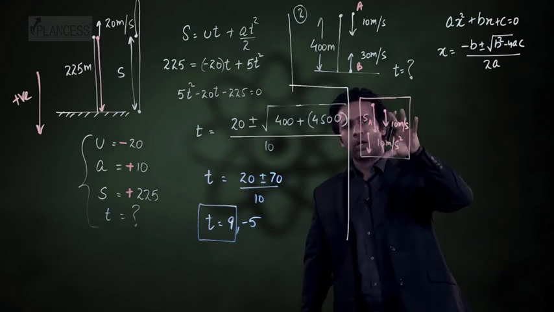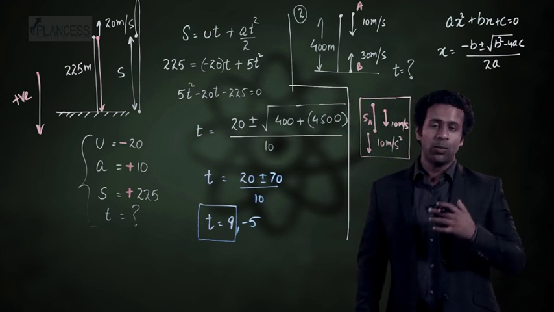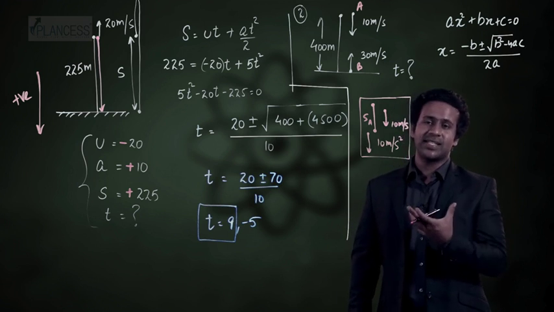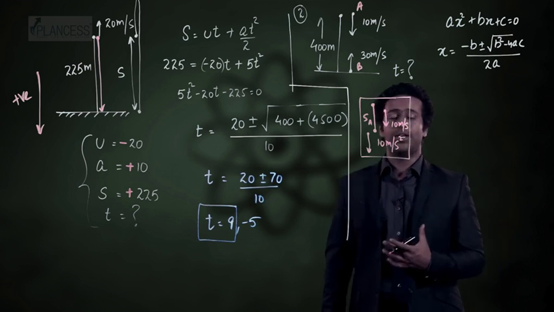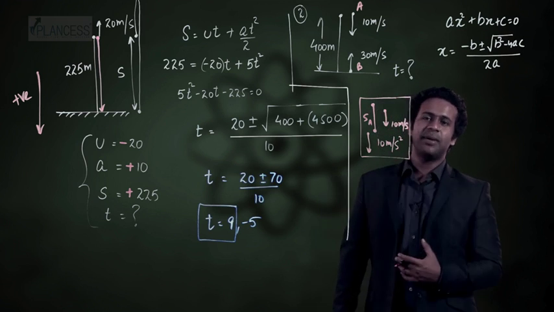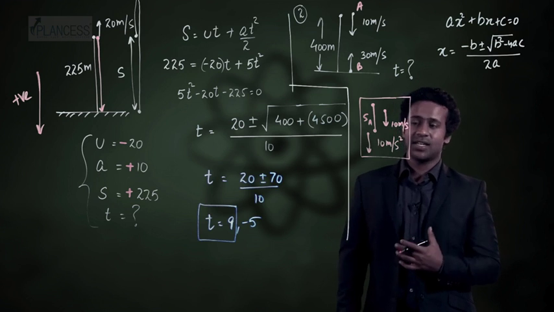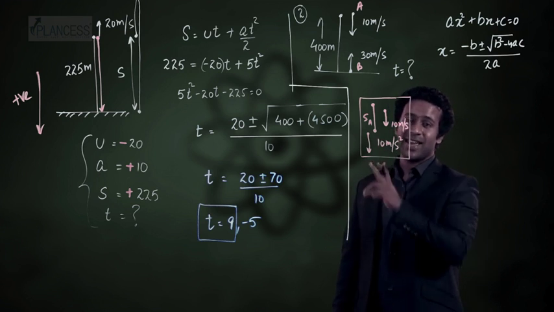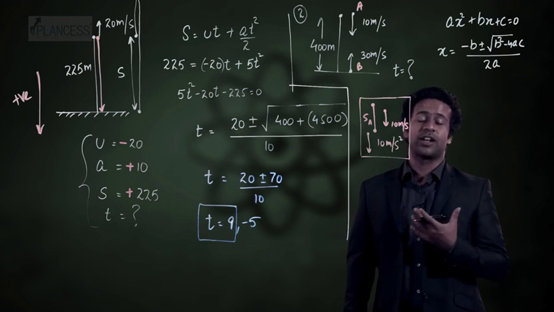We see that all these variables are downwards. So for this, I'm going to take the downward direction as positive. Once I do that, I can say that the initial velocity is plus 10 meters per second, the acceleration is plus 10 meters per second square, and the displacement, which is SA, is also a positive value.